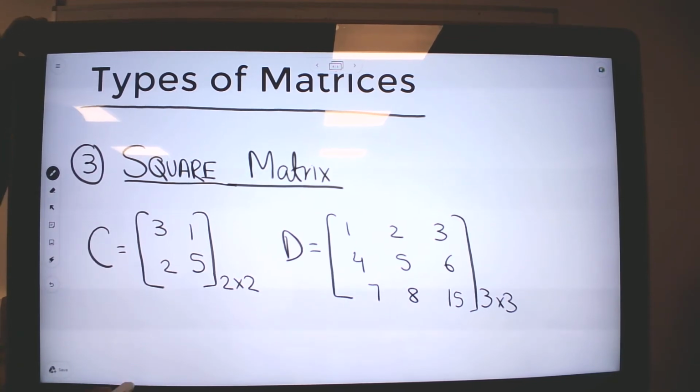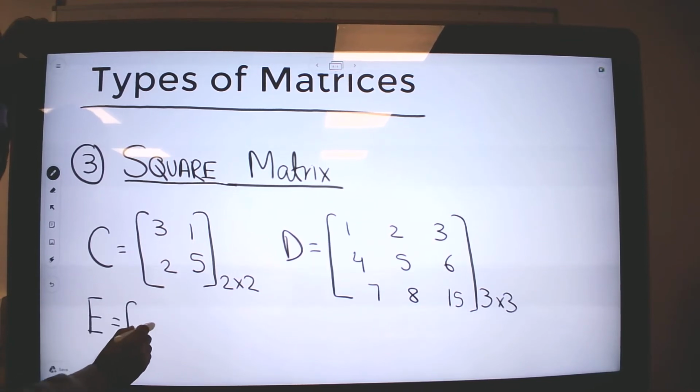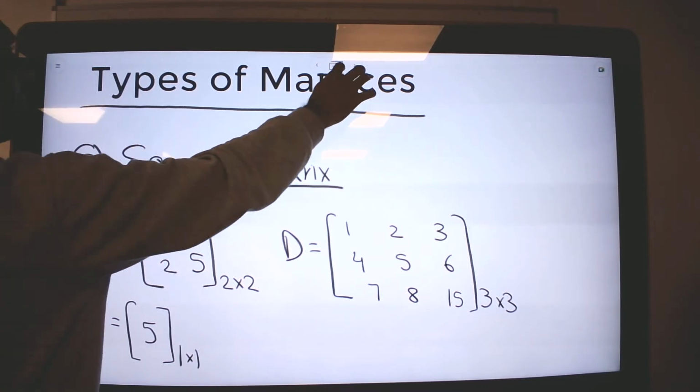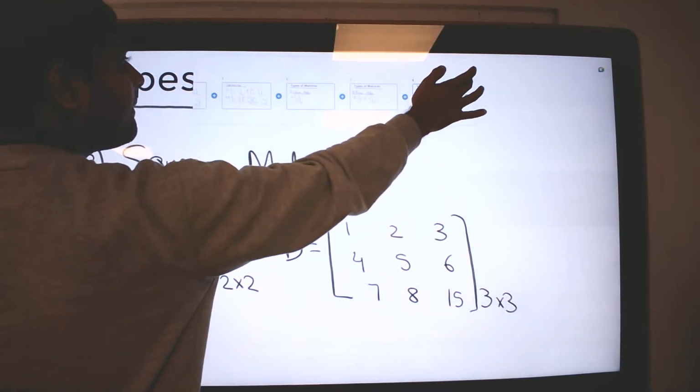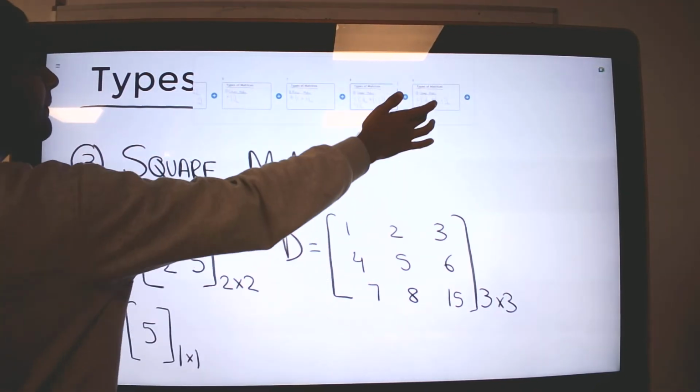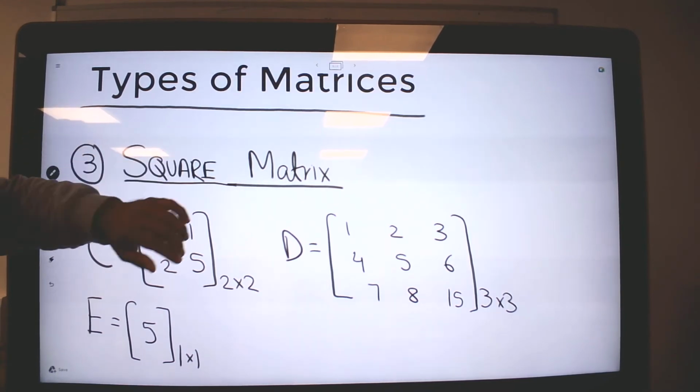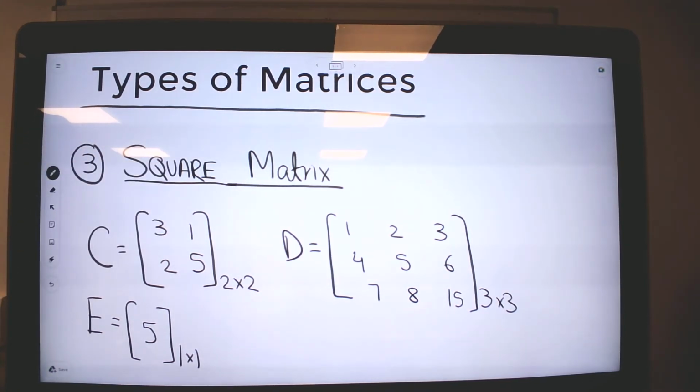What about this one? Yeah, there's a lot of debate, is that a square matrix or not, even though number of rows is equal to number of columns. Yeah, so that's a square matrix. Okay, next one.